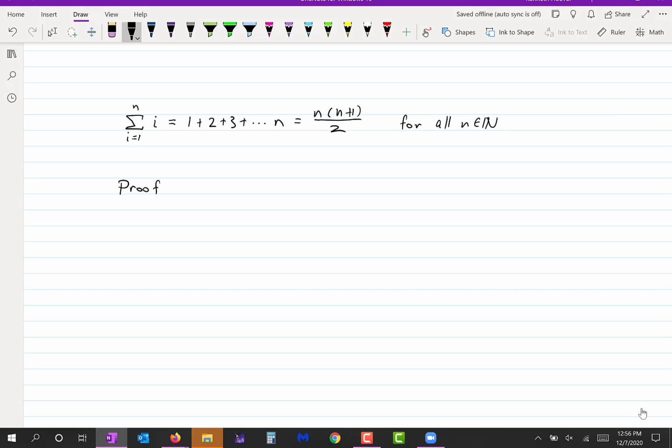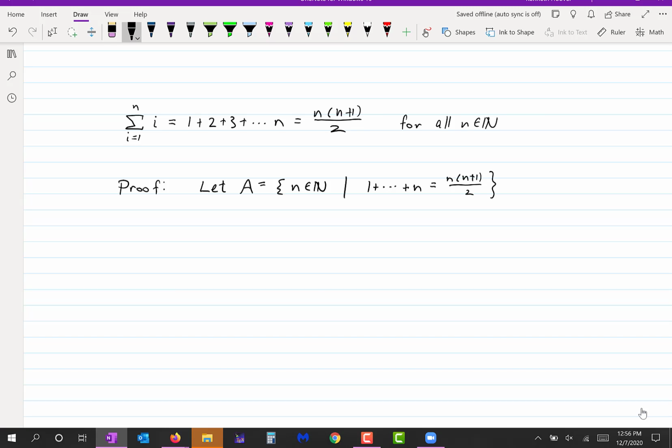And I'm going to write it out so you can see what I mean when I say I would like you to write it this way. Okay? So I'm going to start by saying, let A be the set of natural numbers such that the sum of the natural numbers up to that point equals that number times the next natural number divided by 2.